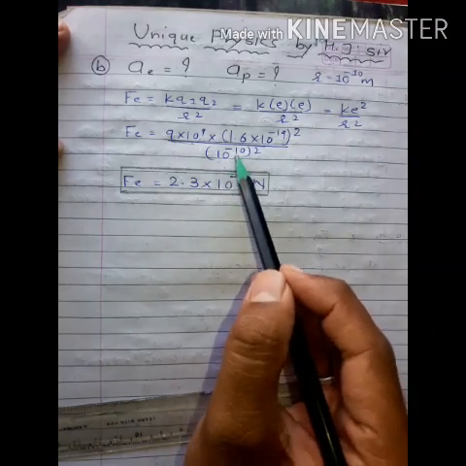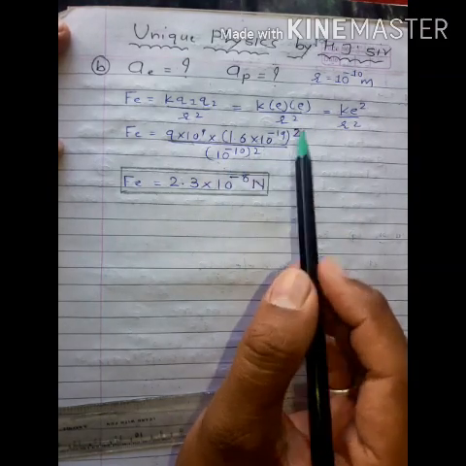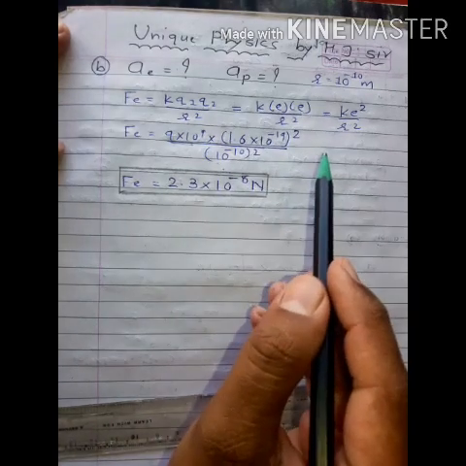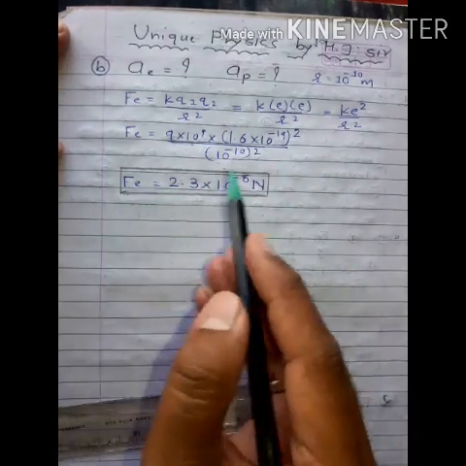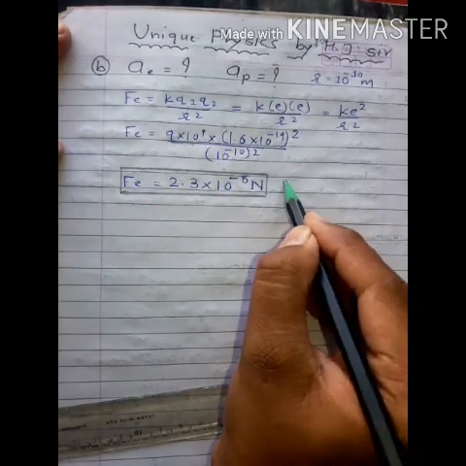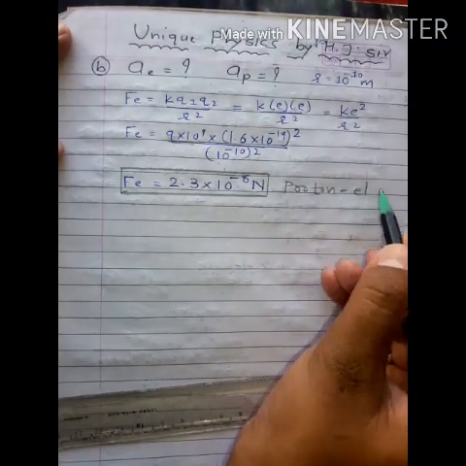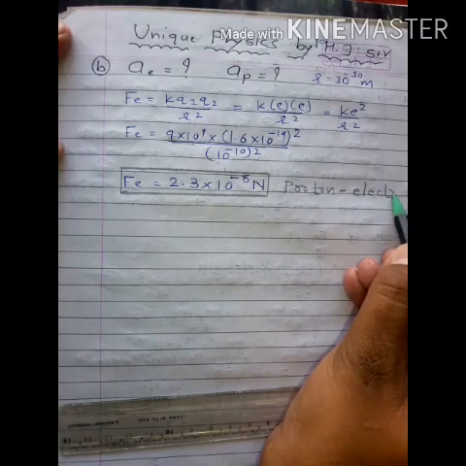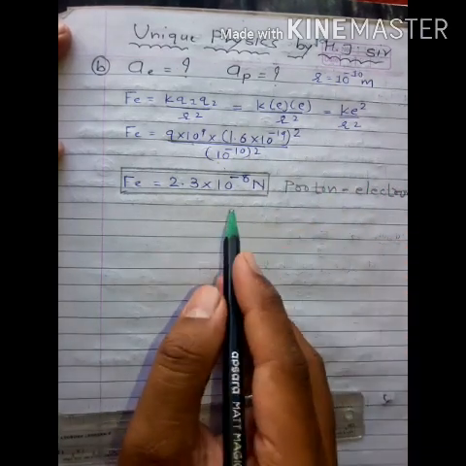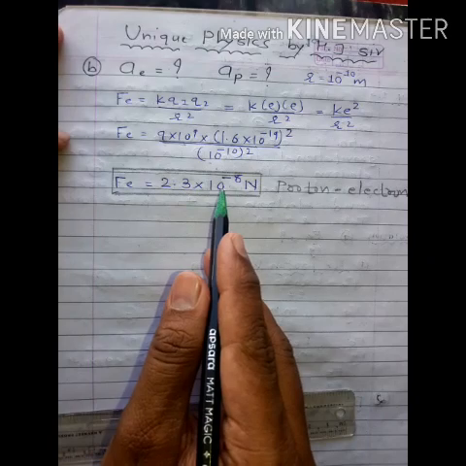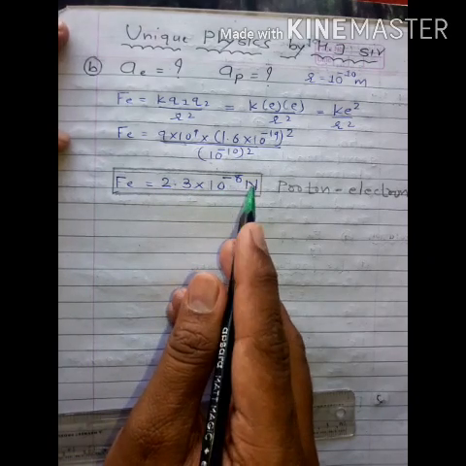So divided by 10 raised to minus 10 whole square. Solve this. So the electric force between the proton and electron is given by 2.3 into 10 raised to minus 8 Newton.